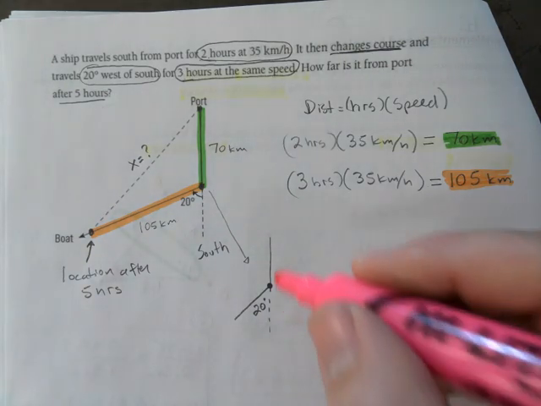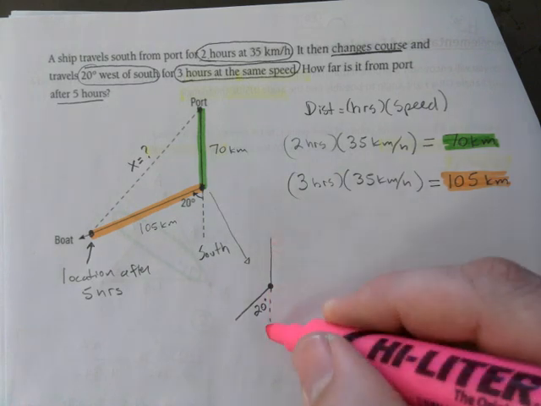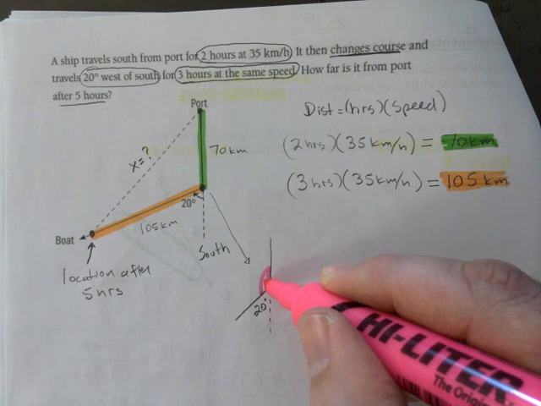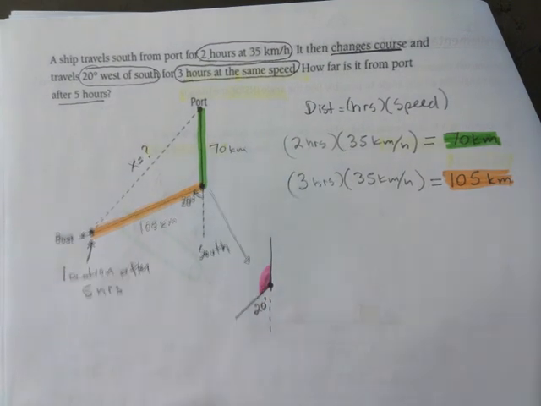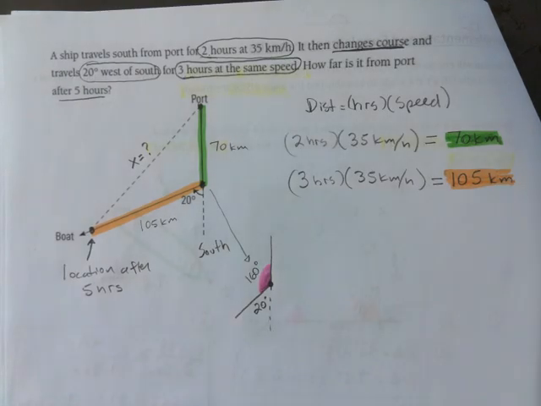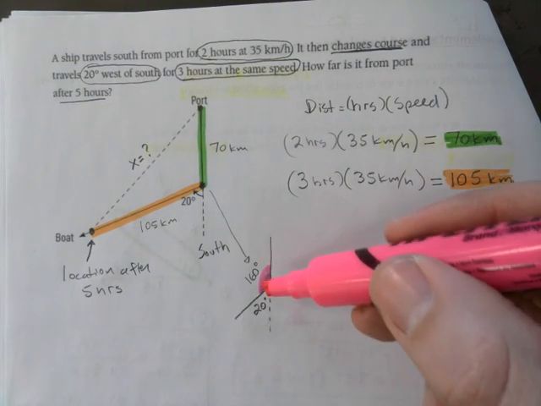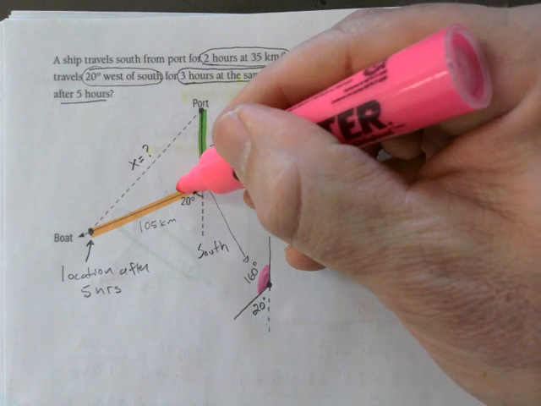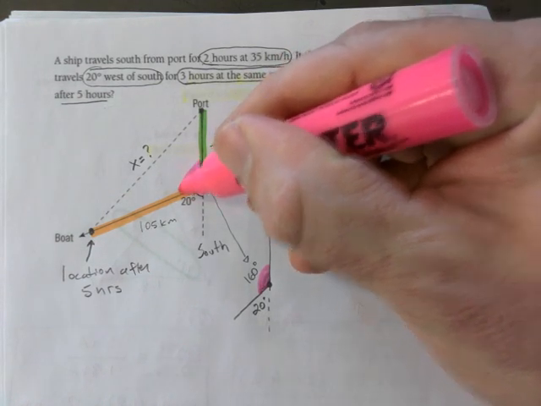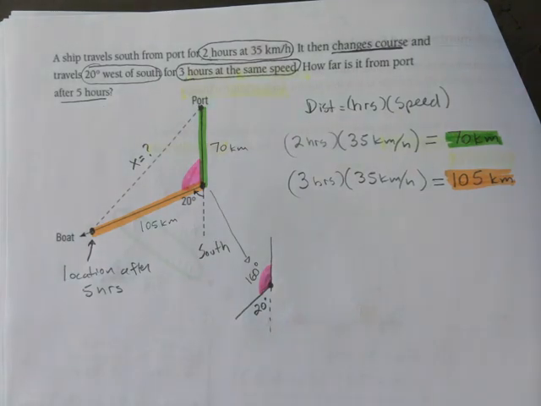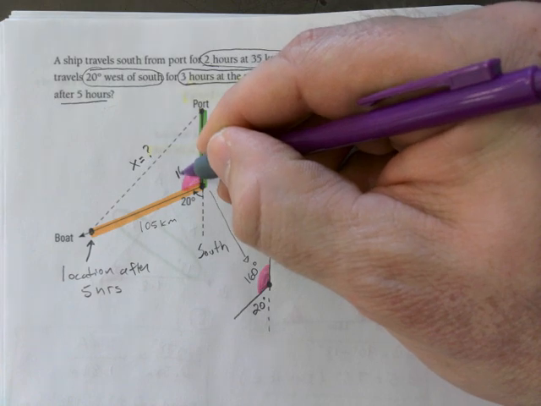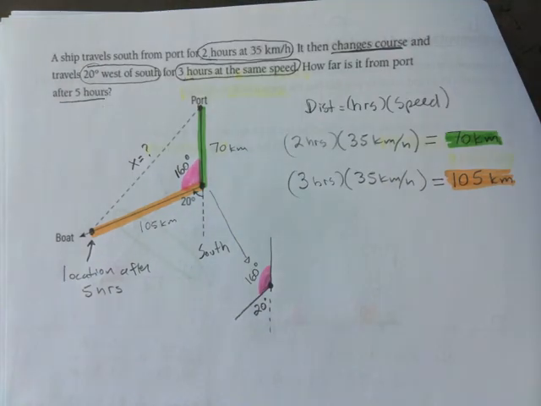Why? Because any straight line is 180. So if you know part of it, then this chunk right here is 160. And I'm going to use that same highlighter, bring it in here. Right? And this 160, I will bring it in here, just like that.